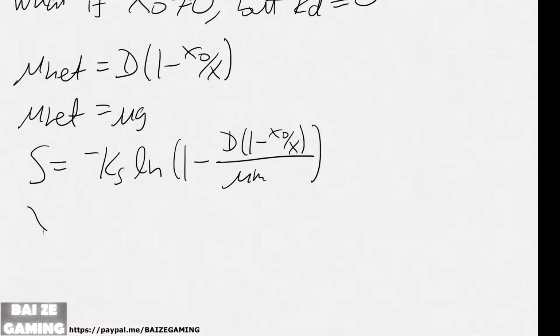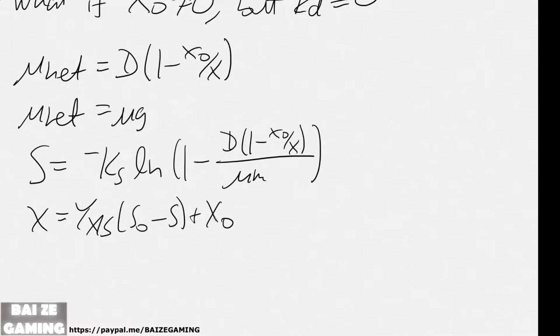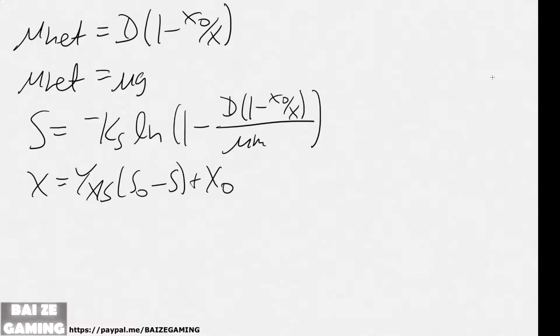Okay, and that's simple. And then for this one, it's just stoichiometry. Remember, the difference is just the substrate being consumed multiplied by this yield coefficient, which is the stoichiometric coefficient for this biological reaction, plus what we started off with, x naught. Boom. So there you go.